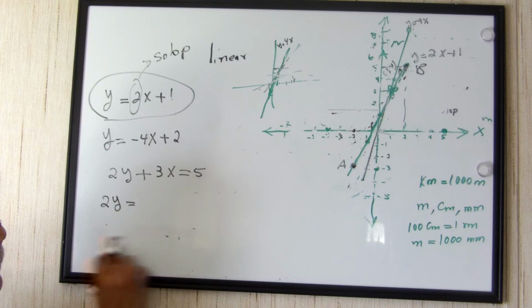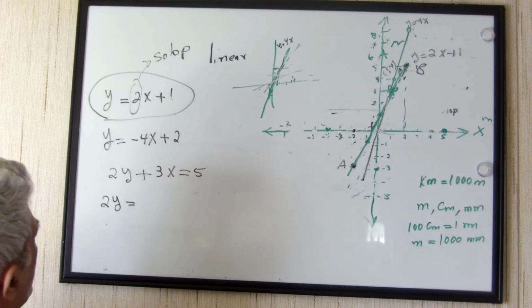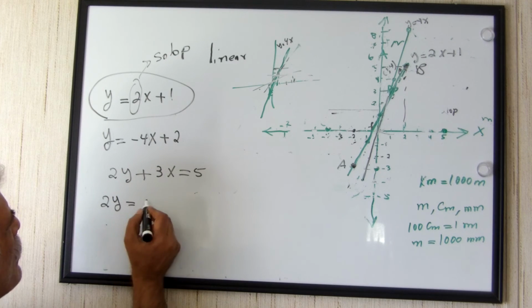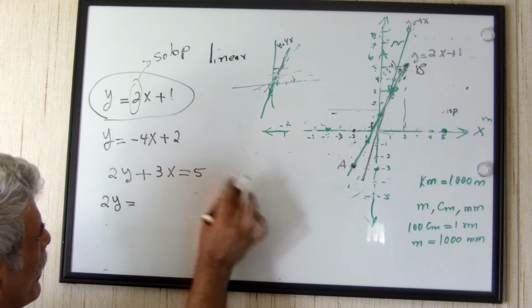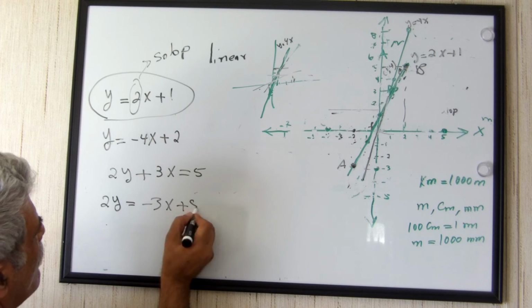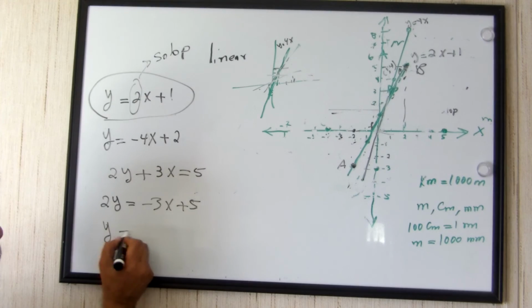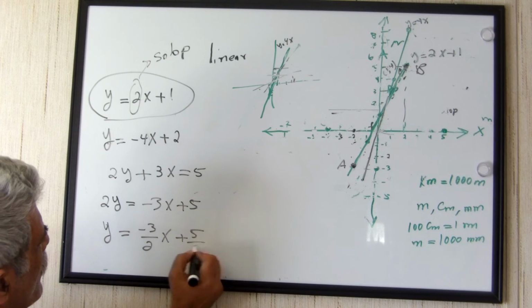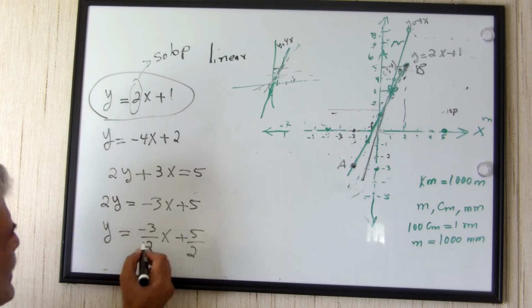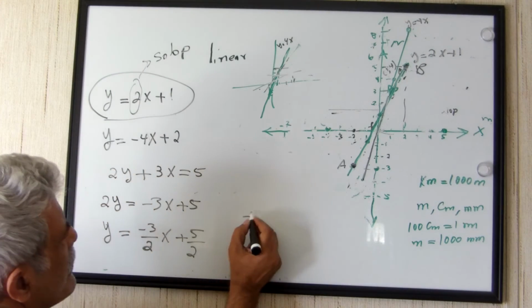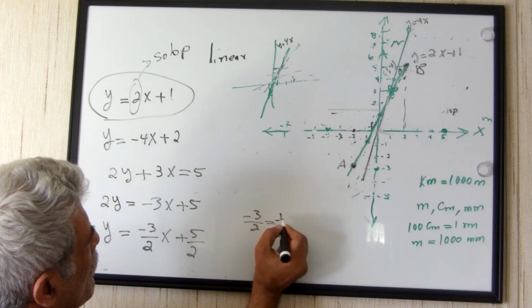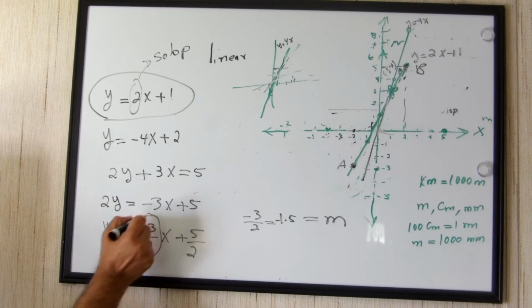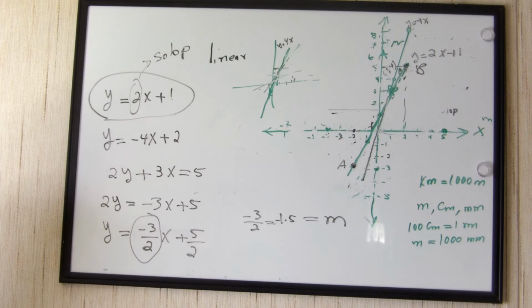We will talk about this linear equation in the next video. So 2y is equal to minus 3x plus 5, and if you divide all of it by 2, this is going to be minus 3 over 2 x plus 5 over 2. Now you can say minus 3 over 2, which is equal to minus 1.5, is the slope of this function.